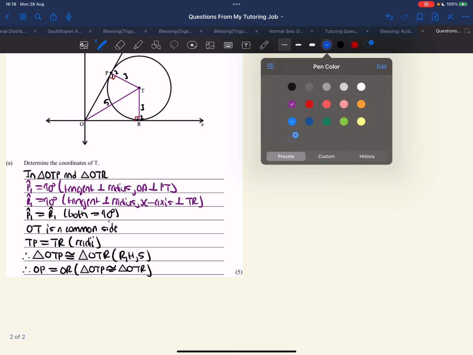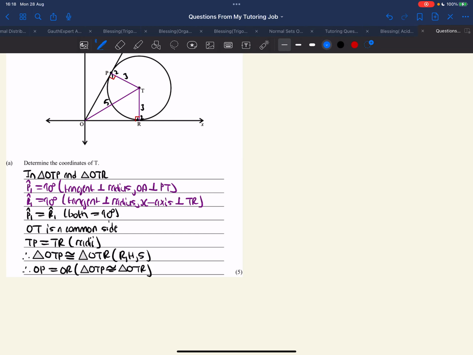Now to find the length of OP, I'm going to say in triangle OTP, remember, OP squared is going to be OT squared minus TP squared, and the reason is the theorem of Pythagoras.